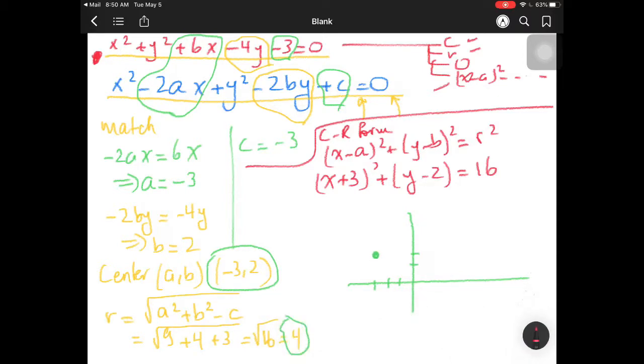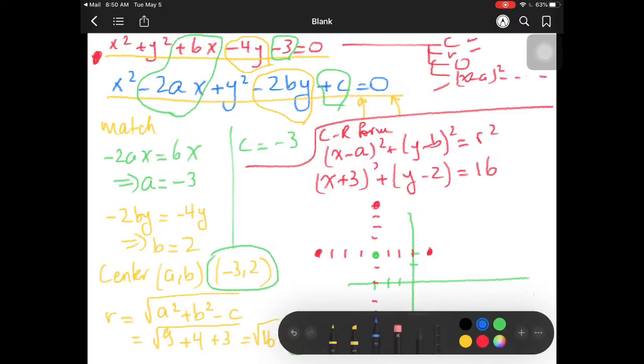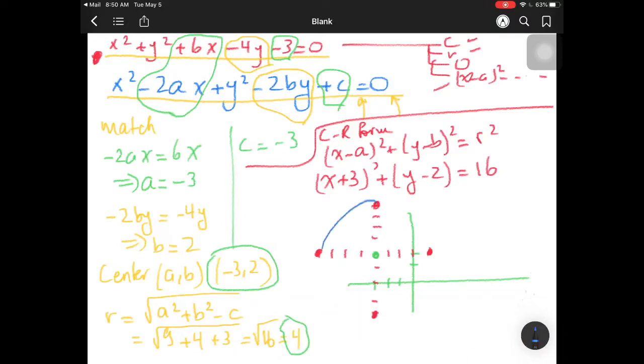The radius is 4, so you go 1, 2, 3, 4 units to the right. 1, 2, 3, 4 units down. 1, 2, 3, 4 units to the left. 1, 2, 3, 4 units up. And then you connect these points and your circle would look something like this. And here we were able to answer the fourth possible question.